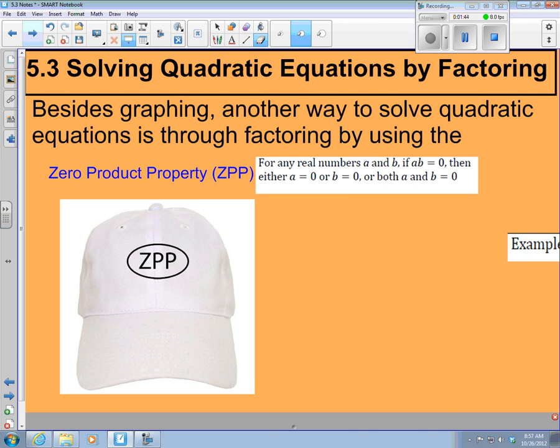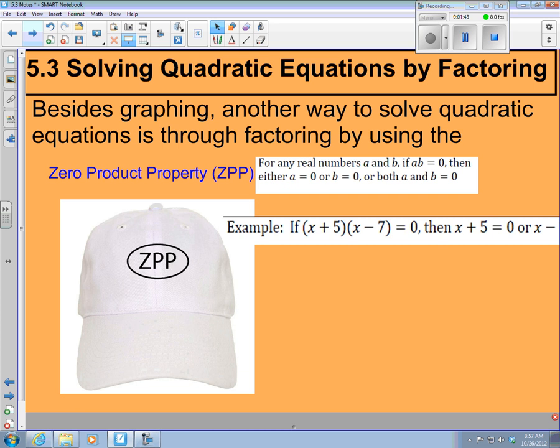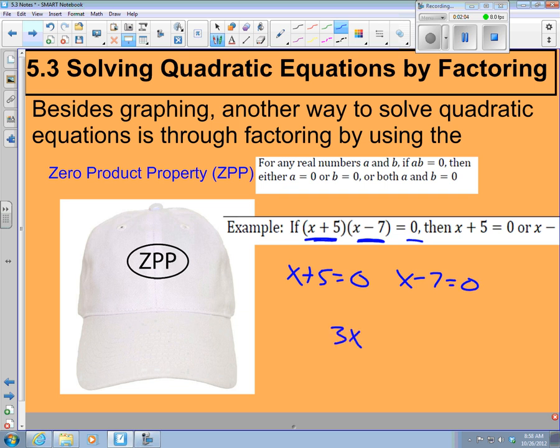So an example would be something like this, where you take a factor of like x plus 5 times x minus 7. If it equals 0, then x plus 5 equals 0, or x minus 7 equals 0. Another example, let's say we had 3x times, I don't know, x plus 2 equals 0.